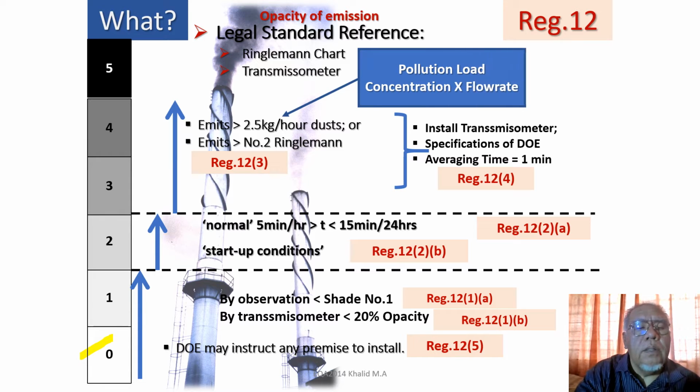And then number 1, number 2, dia darker sikit number 3, tapi ini semua relative to what smoke color? Black, right? Tapi sekarang ni you tengok, it's not about black color anymore. The word that is being used in the law is about that. It's about opacity, kelegaman. Now, yeah.